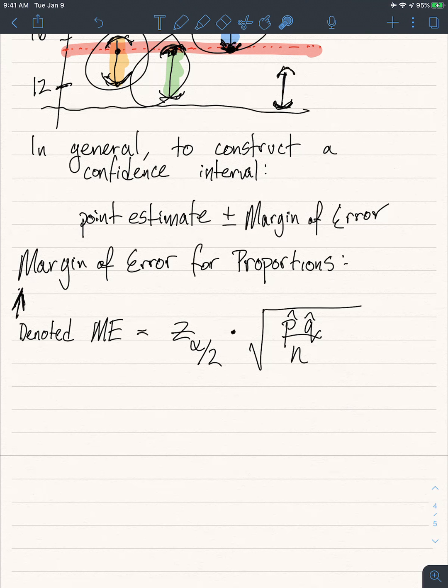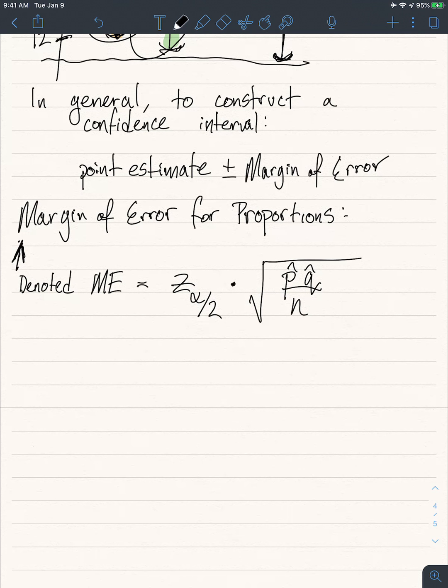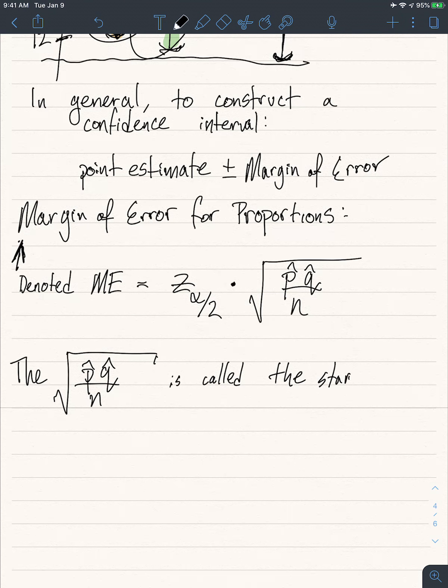This square root symbol should be pretty familiar to you guys already. I'm going to hold off on letting you know what that Z thing is yet. Let's talk about the square root. The square root of P hat Q hat over N is called the standard error.